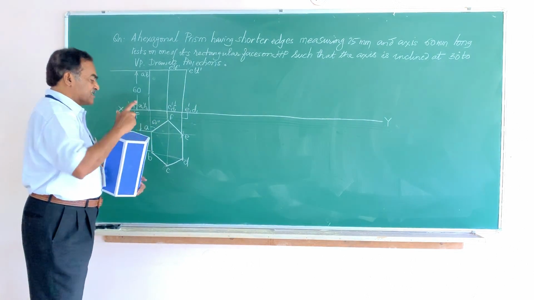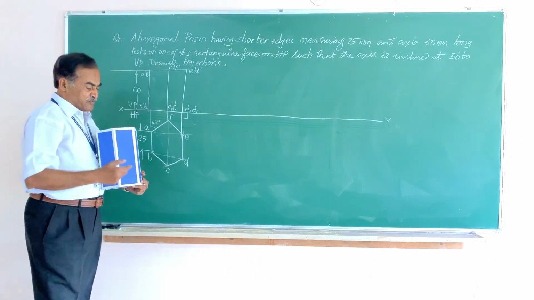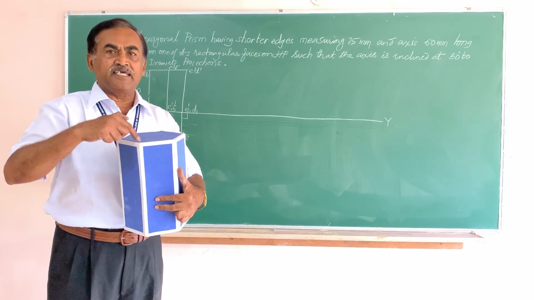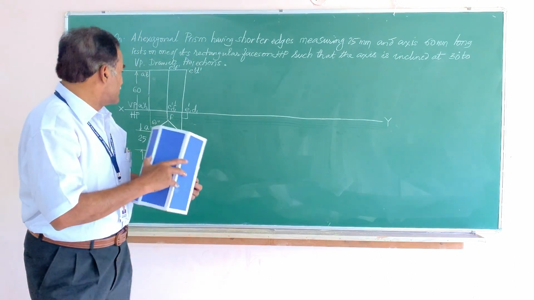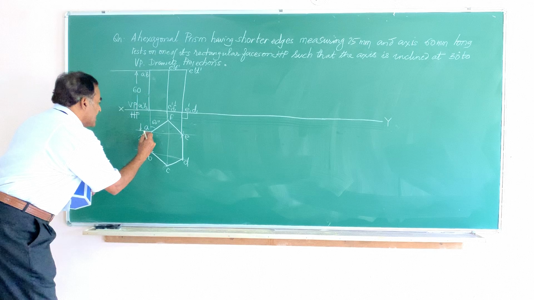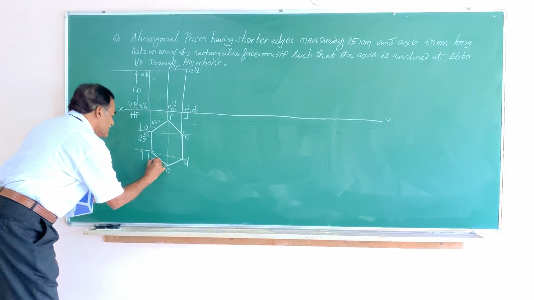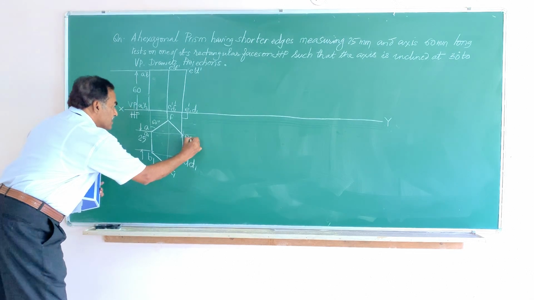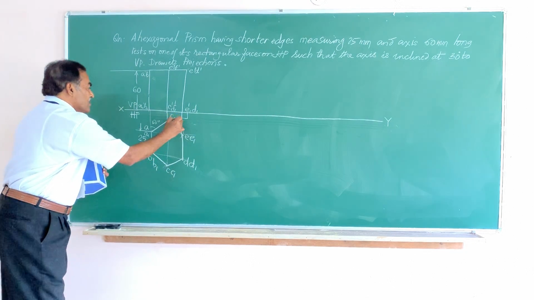You are going to see only the top face. I have marked that all the corners of the bottom face are covered by these A, B, C, D, E and F. So I am going to mark these as A1. This point is going to be B1 for the bottom face, D1, C1, E1, F1.